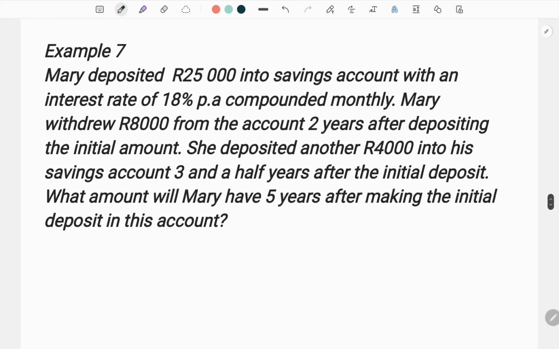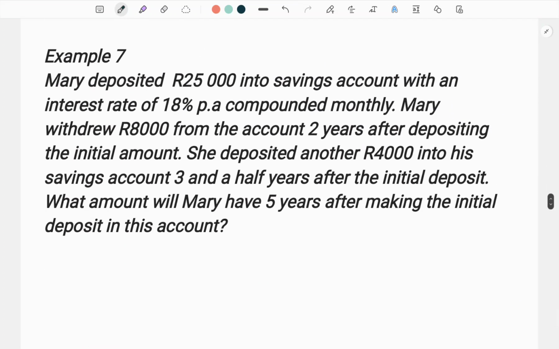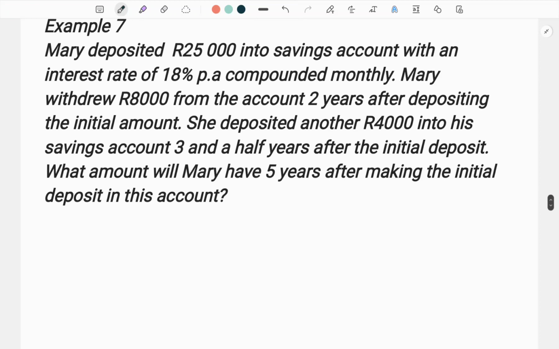The next question, it's also a timeline. So let's start. You're going to draw your timeline. You check the whole investment, the whole period.